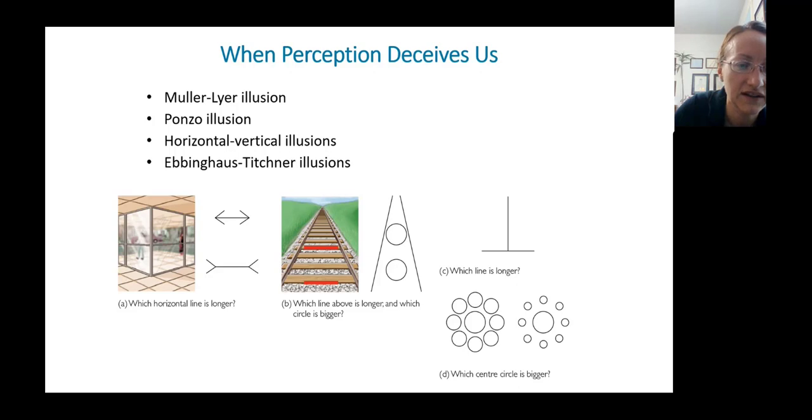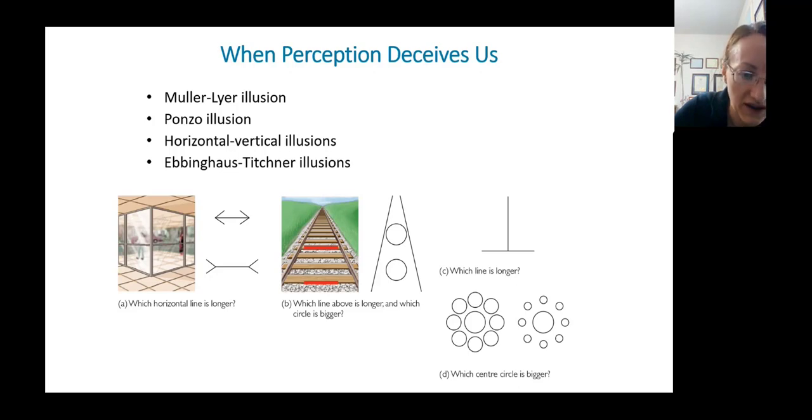That makes this triangle. And most people will see this circle as bigger than that one, even though they're the same. The reason that happens is because of the way that lines seem to converge in the distance. So now imagine that these are railroad tracks.